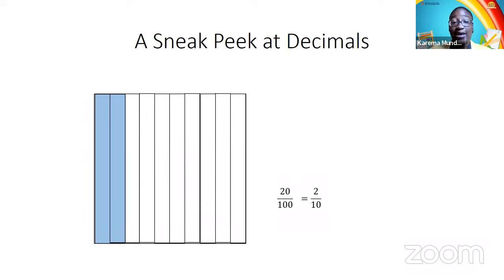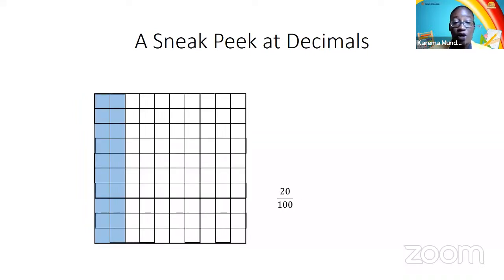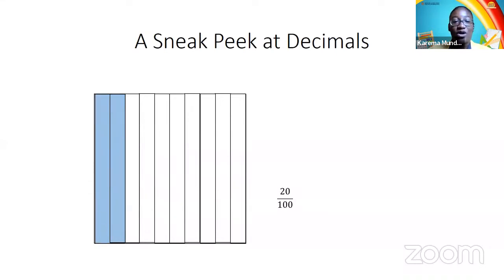It's the same whole that we divided initially into 100 equal parts. And now we're saying, we didn't want it so small. And so we combined and said, we're going to just divide it into 10 equal parts. And it's the same portion that has been shaded. All right, boys and girls?